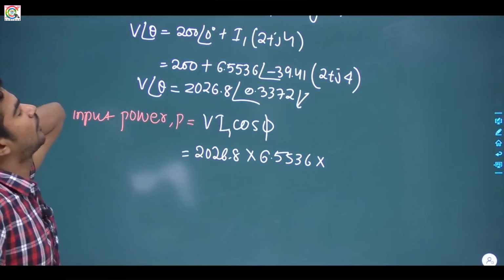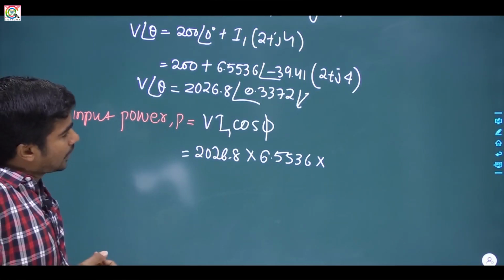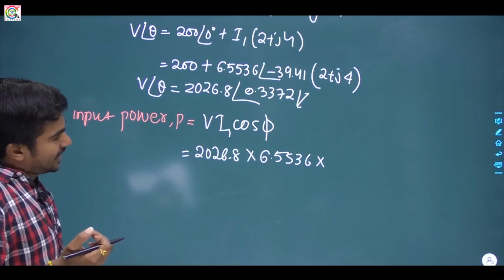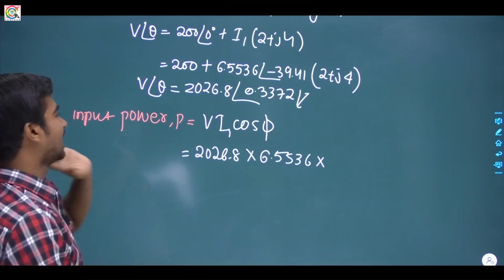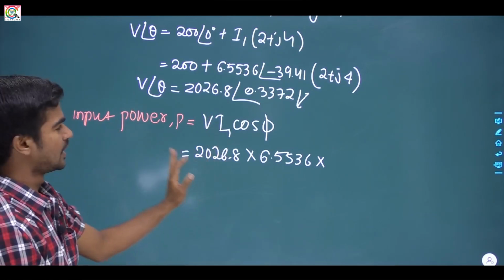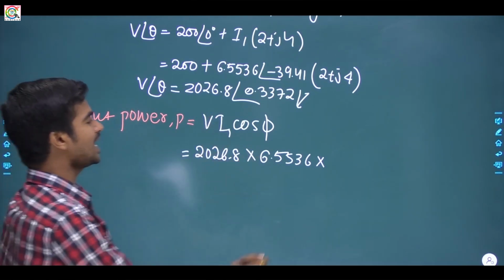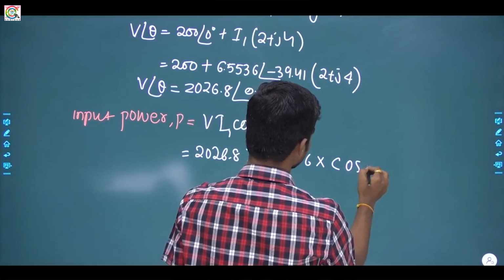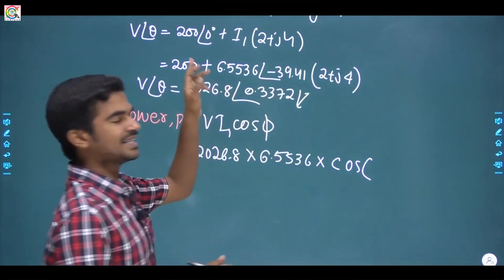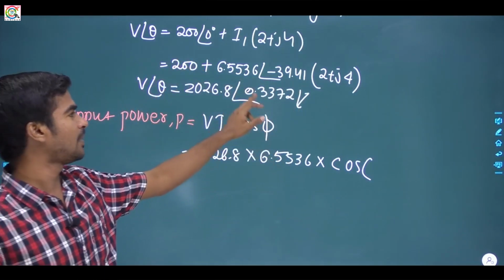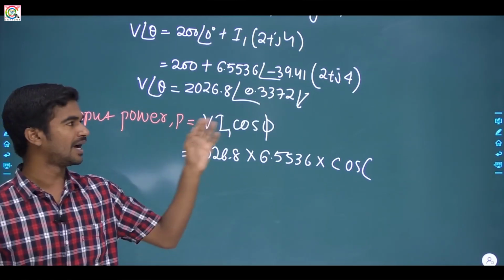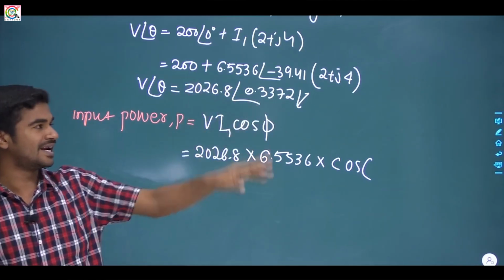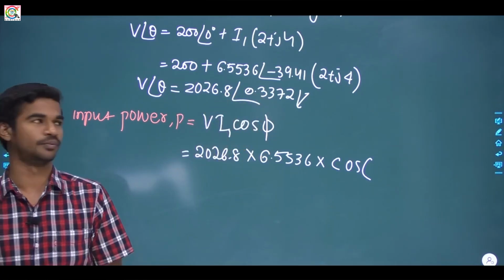Phi is nothing but the angle between the input voltage and input current. So phi यहाँ पे क्या होगा? It will be minus 36.86 plus 0.3372.